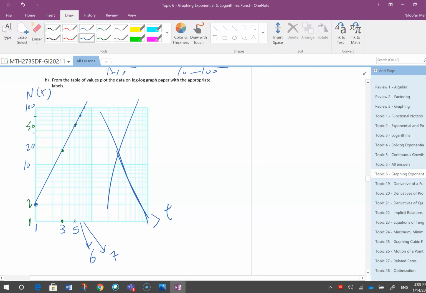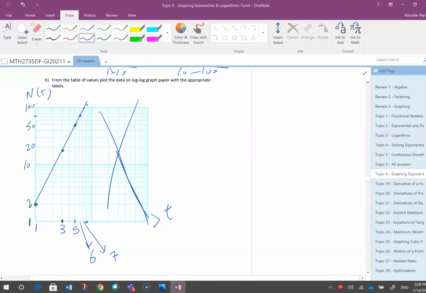Let me see, 5, 6, 7, this is 8. I can just go up, see where I touch the line, and then go across. I know this is 100, the next one is 200, so it looks like 120 something, which was the answer. I saw the answer there.